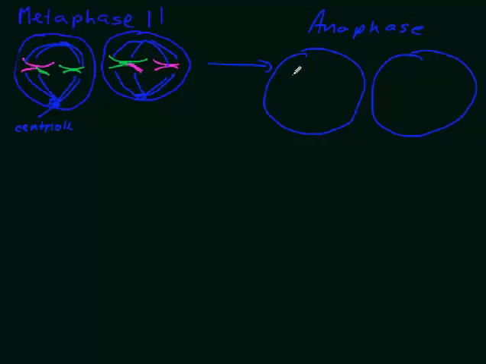What's occurring in this stage is that they're starting to be drawn again to opposite ends of the cell. This is the one that's going to have the slight variation that occurred from crossing over. So we'll draw that variation in, not all of it.